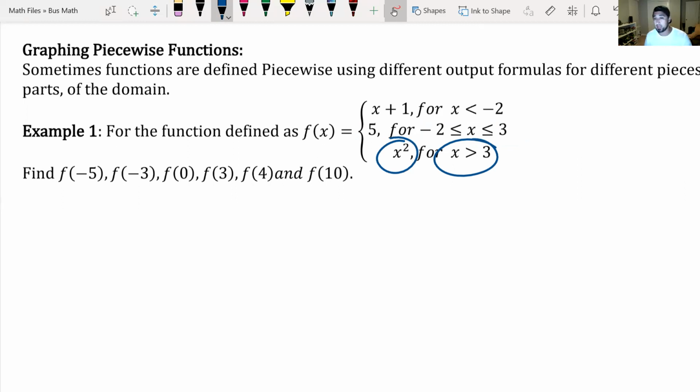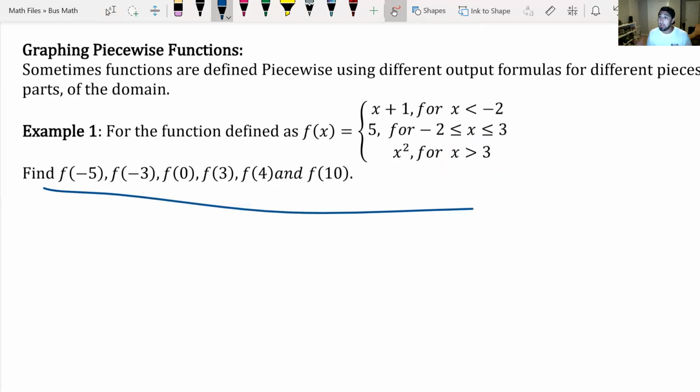This is how we read the piecewise function. Okay, so down below, we are given x values: f of -5, -3, 0, 3, 4, 10, and we want to evaluate the piecewise function above by connecting the x values to the restrictions.